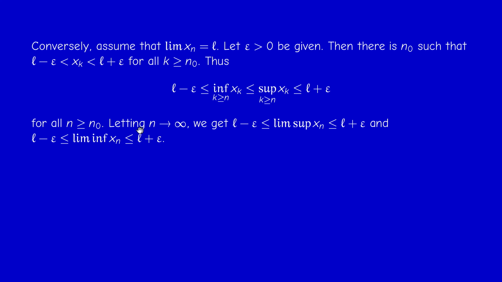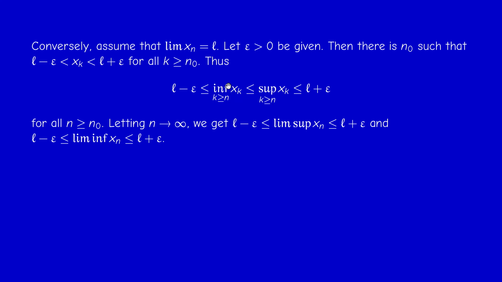And now, when n tends to infinity, this sequence converges to liminf, and this sequence converges to limsup, right? So if you just consider the inequality L minus epsilon less than yn less than L plus epsilon, and let n tend to infinity, you'll get limsup of xn by definition is between L minus epsilon and L plus epsilon.